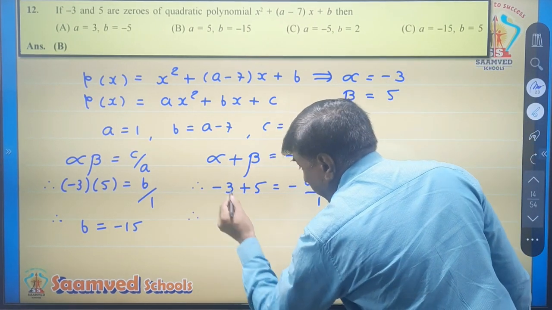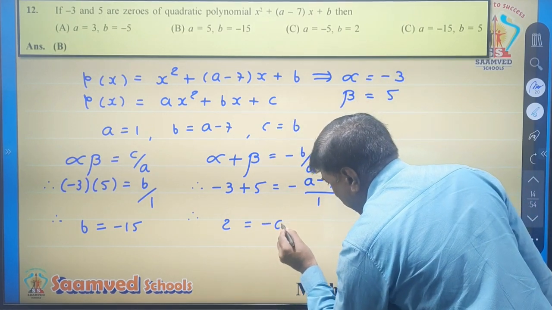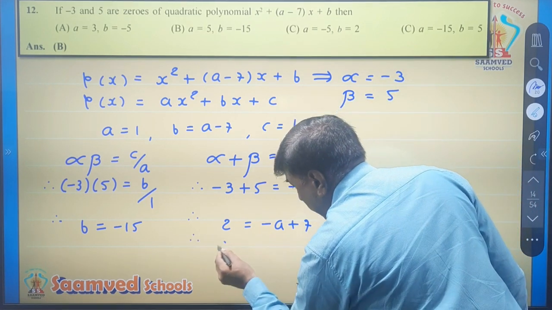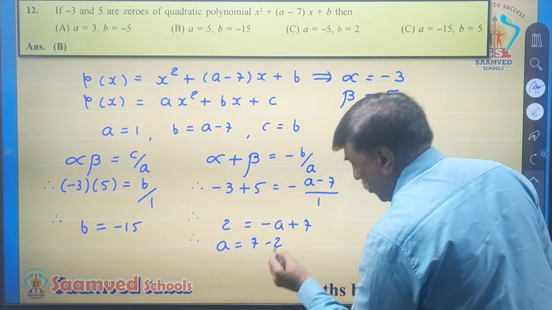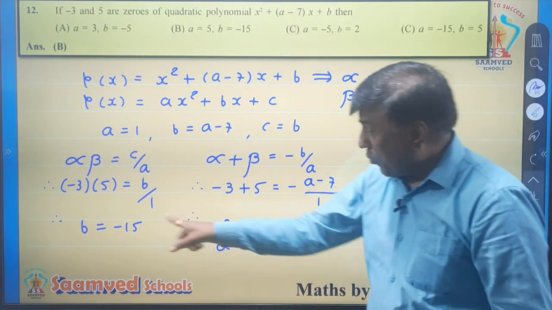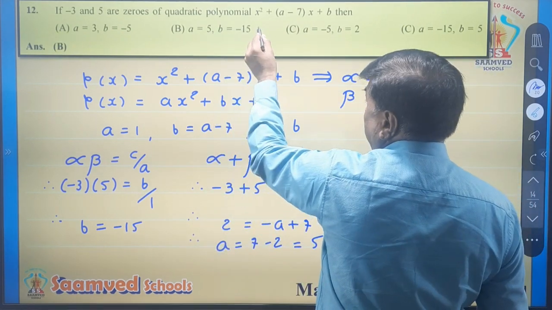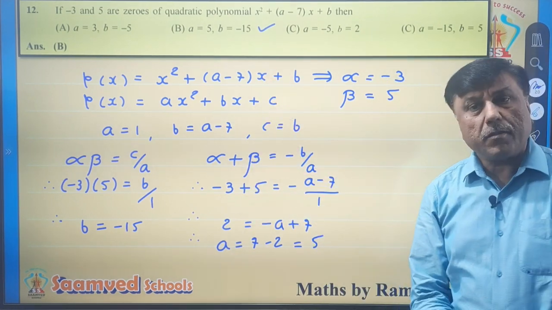We will simplify, this is 2 is equal to minus a plus 7 and therefore a is equal to 7 minus 2, it will be 5. So, a is equal to 5 and b is equal to minus 15. Option B is the answer.